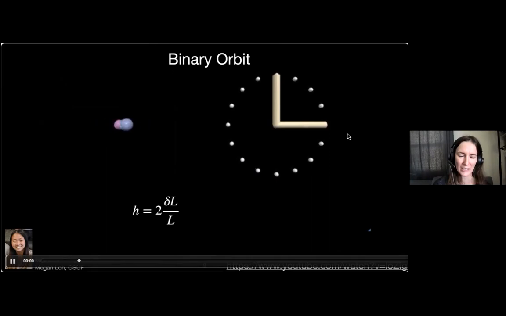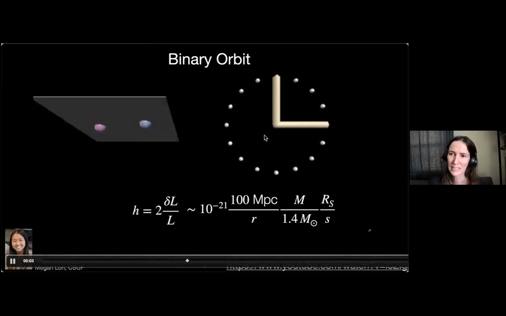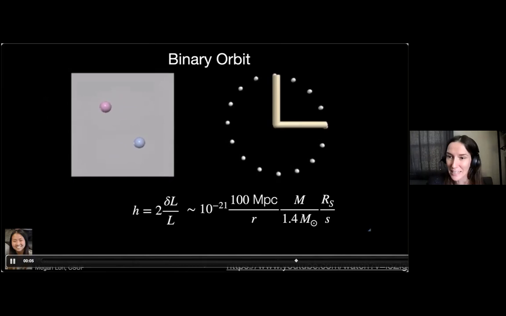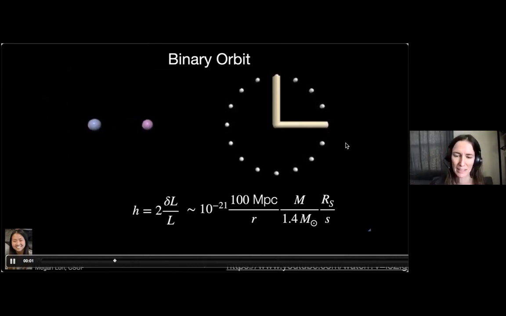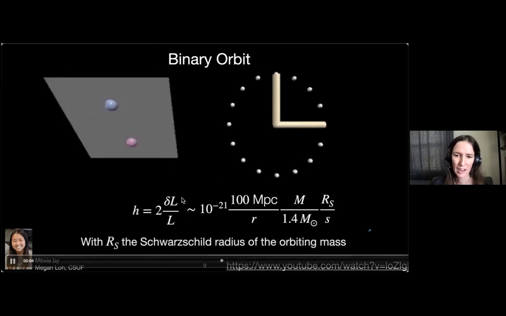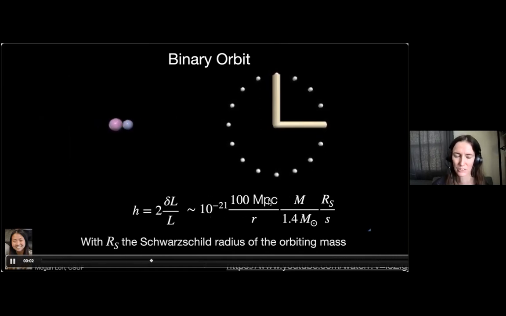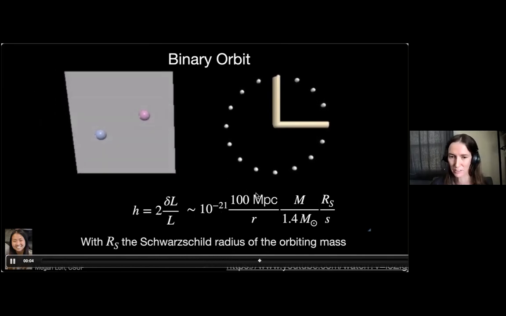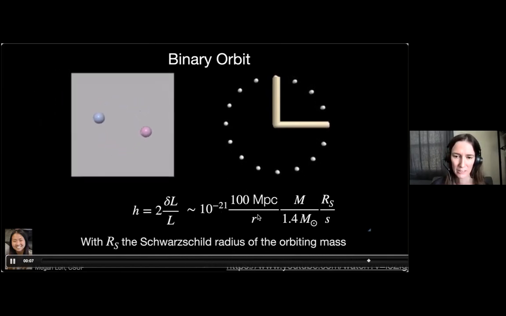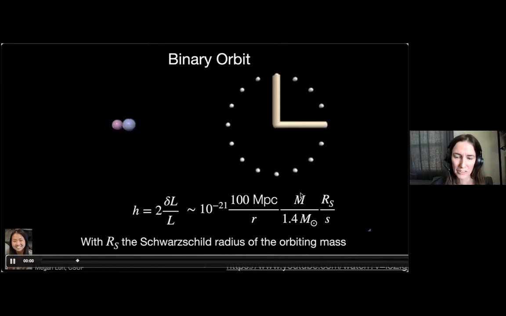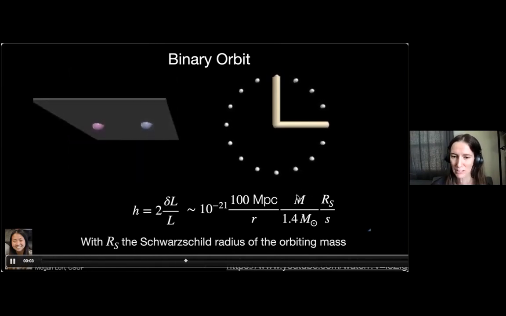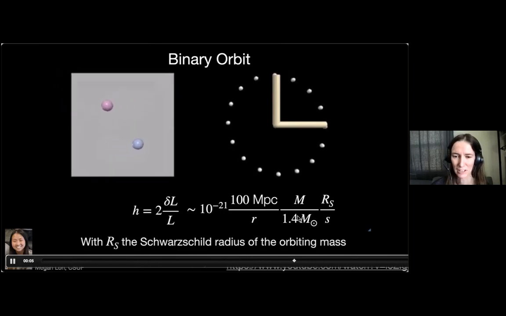So the strain here, when I put in basically a Keplerian orbit to get the frequencies, the size, and the masses involved, I get something that's proportional to a small number at astrophysical distances. So the distances is where we expect to find some meaningful number of these binaries, where the strain will increase with the mass relative to the characteristic mass of, say, our favorite neutron stars in our local galaxy.